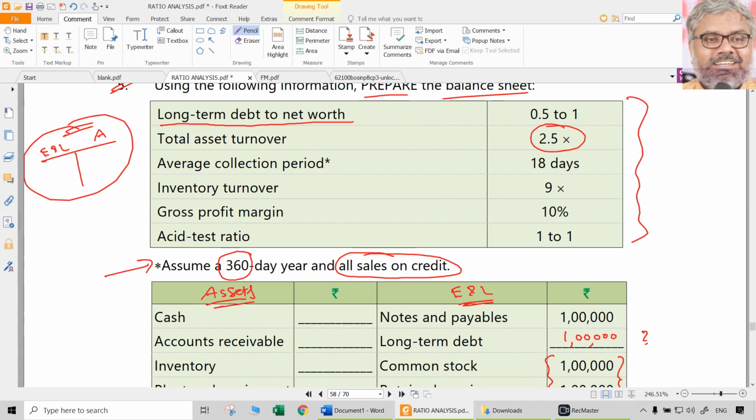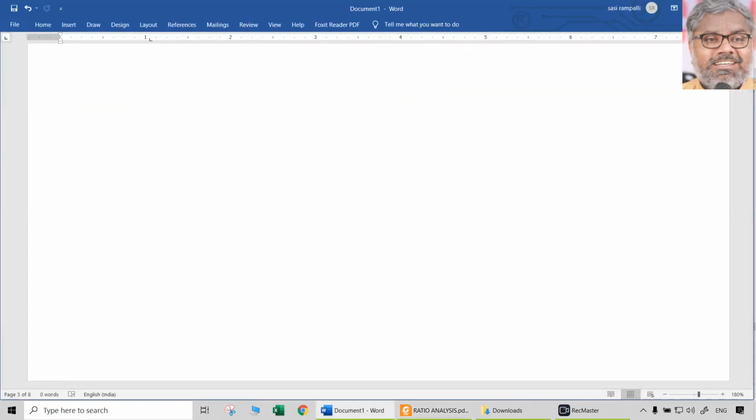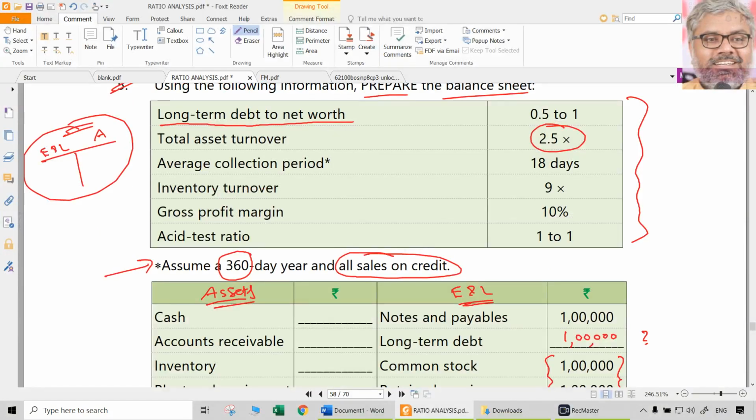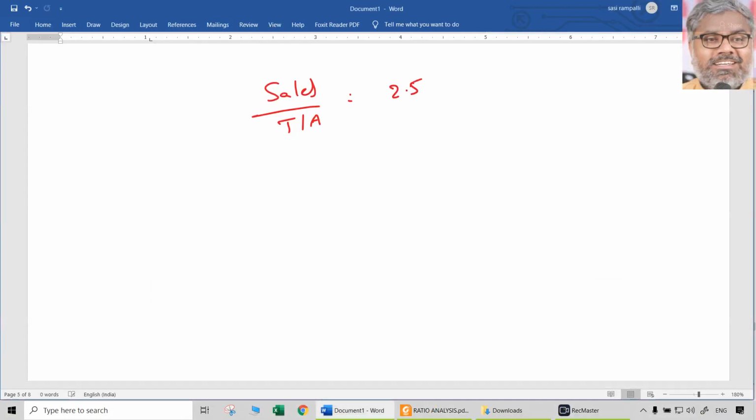Next thing is total asset turnover ratio is given, 2.5 times. We should know the formula. So total asset turnover ratio is sales divided by total assets. That is equal to how much? Total asset turnover ratio 2.5 times, 2.5 by 1. Sales will be how much? Cross multiply. Total assets multiplied with 2.5.